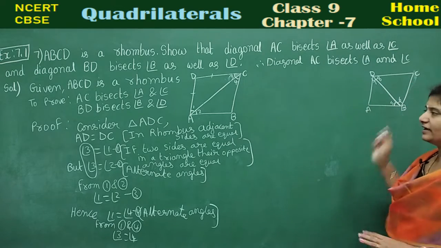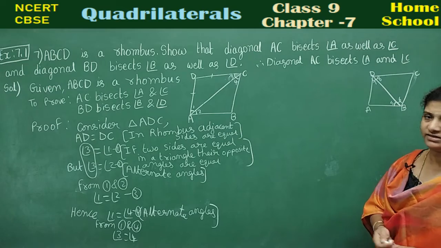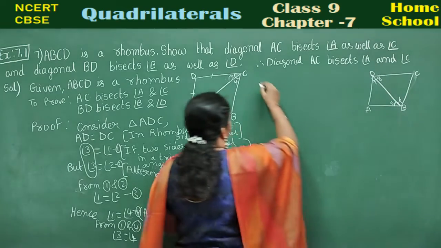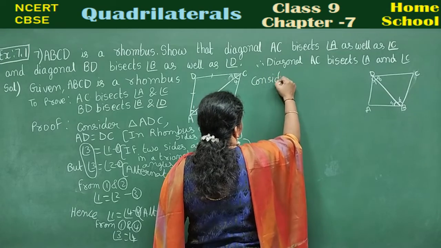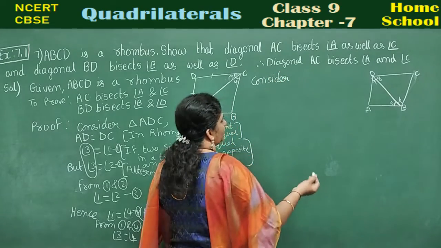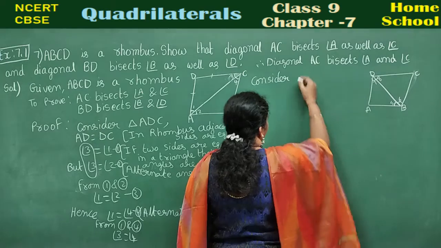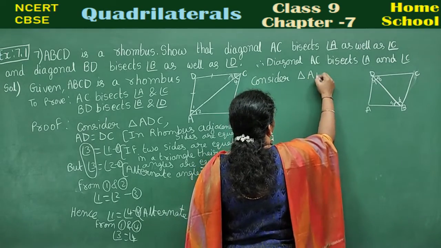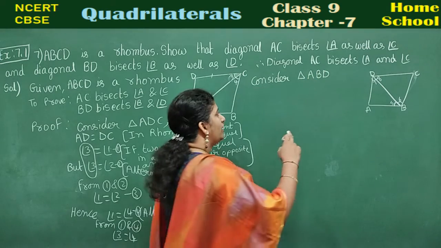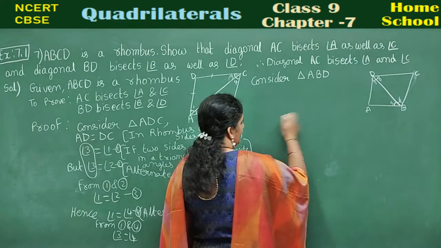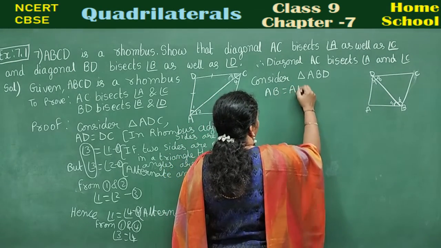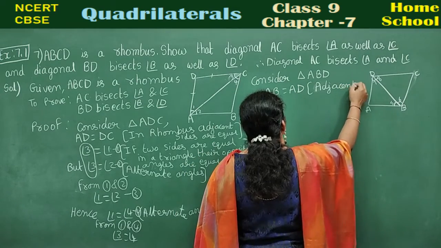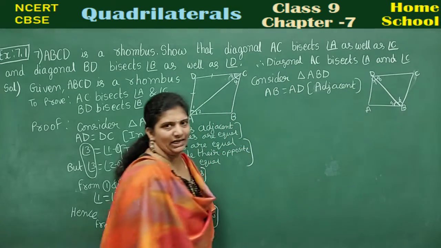In these two triangles, any one triangle you consider. Let me consider triangle ABD. I say that AB is equal to AD, adjacent sides in a rhombus are equal.